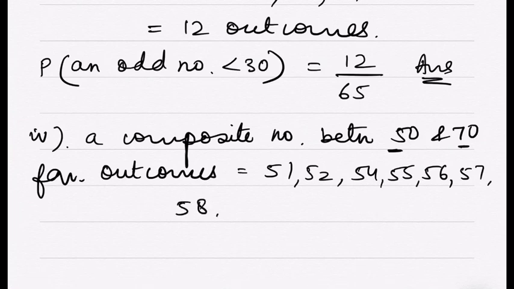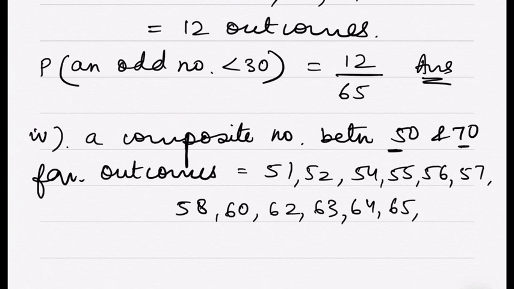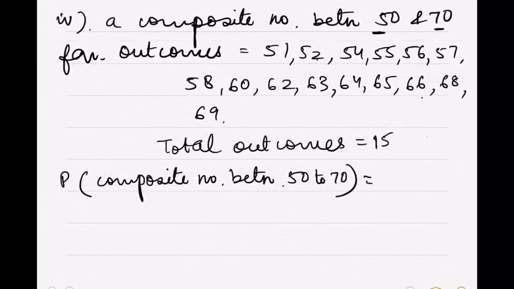59 is prime. Then 61 is prime. 62, 63, 64, 65. Okay, so we know from this that there are total outcomes.